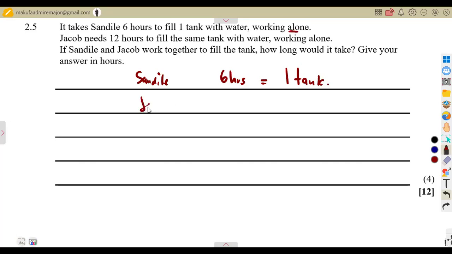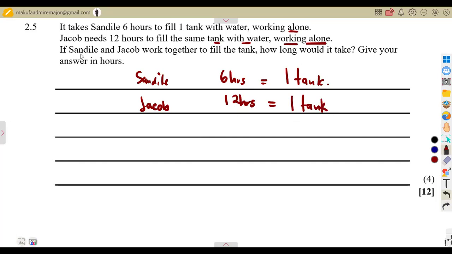Jacob needs 12 hours to fill the same tank with water, working alone.